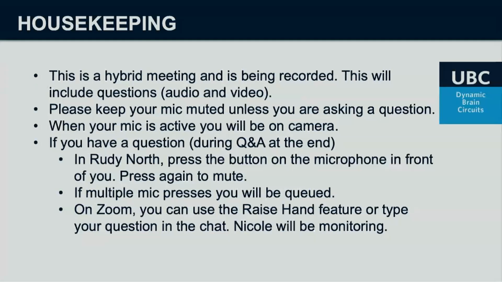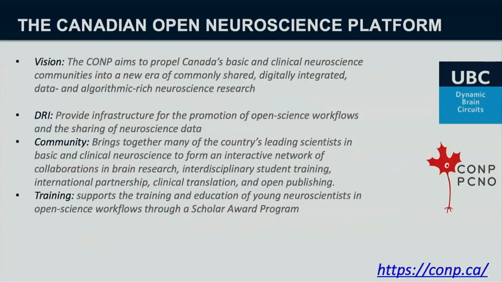Before we get on to the students' presentations, I just wanted to say a little bit about the Canadian Open Neuroscience Platform for those of you who are not maybe super familiar with it. This is a group that has the vision to propel Canada's basic clinical neuroscience communities into a new era of commonly shared, digitally integrated data and algorithmic-rich neuroscience research. So this sounds like something we're all interested in doing.